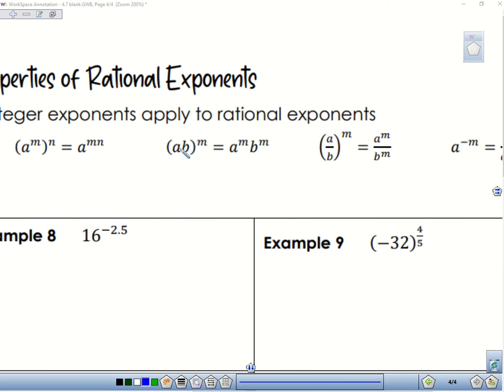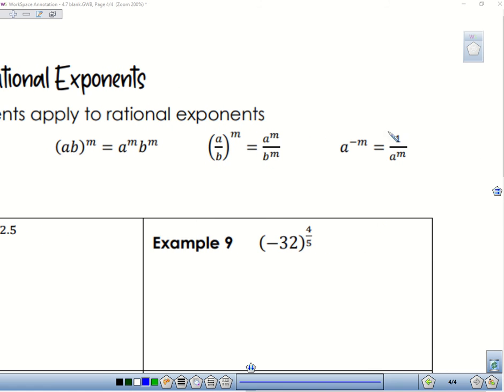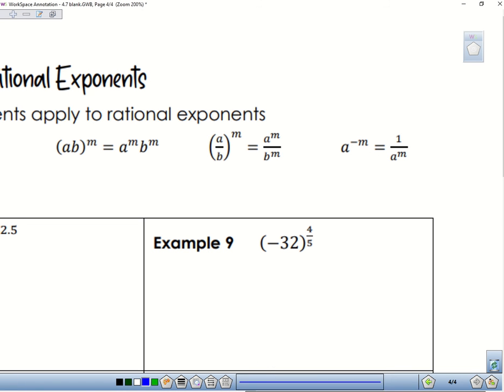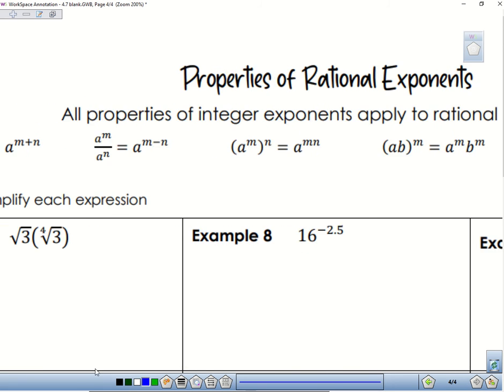If you have two different bases, like 2x or whatever it is, times each other to the same exponent, you can separate them, each putting it to that exponent. And the same goes for division. And the last rule is the one we've been talking about. If you have a negative exponent, you can make it a fraction under 1 to make it into a positive exponent.